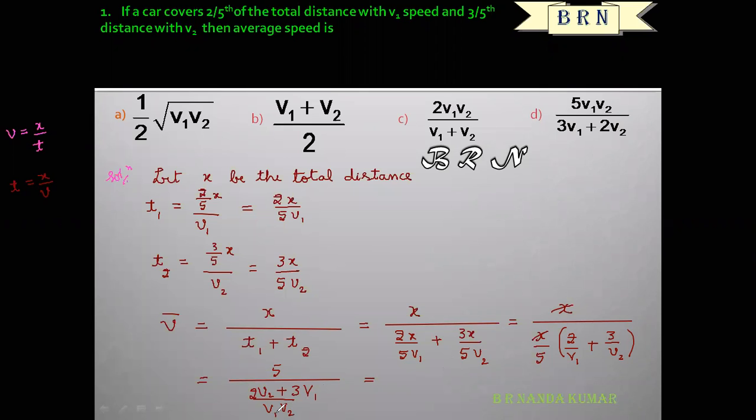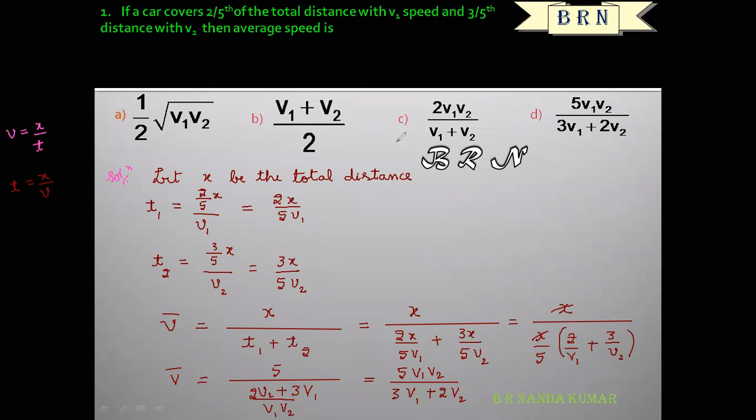So 1 divided by that is shifted to the numerator: 5V1 V2 divided by 3V1 plus 2V2. This is the average speed of the car.